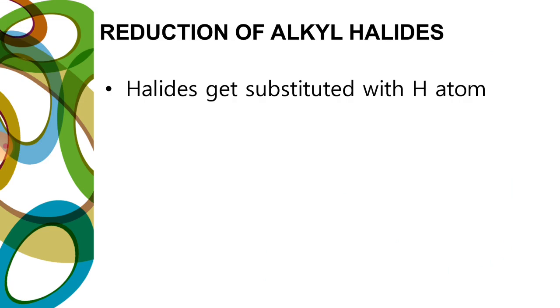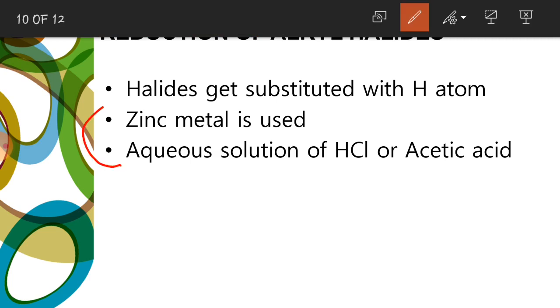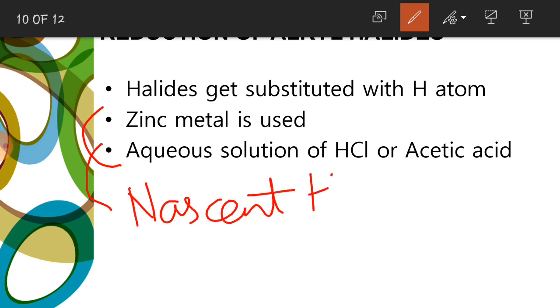In the reduction of alkyl halides, the halides get substituted with hydrogen atoms. In this process, zinc metal is used and the aqueous solution of HCl or acetic acid is used. Why? Because when zinc reacts with HCl, it results in the generation of nascent hydrogen.